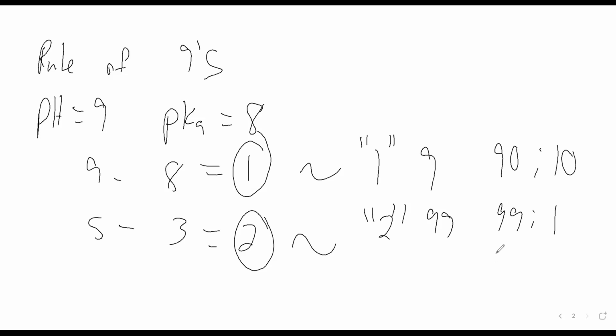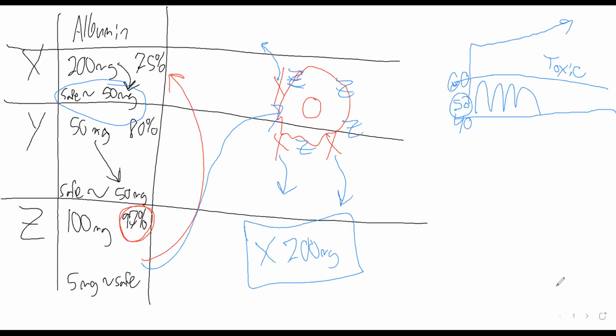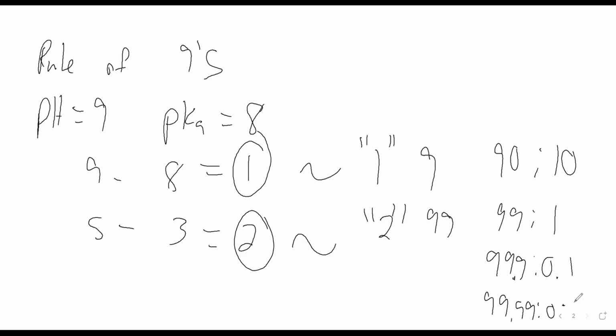And as we go up, we get more and more to a certain state. These will always add to 100 because these are percentages. But this would be like a 4th level rule of 9 product.